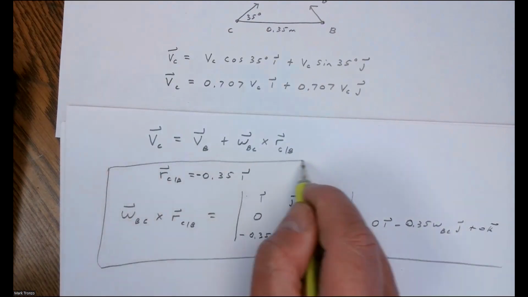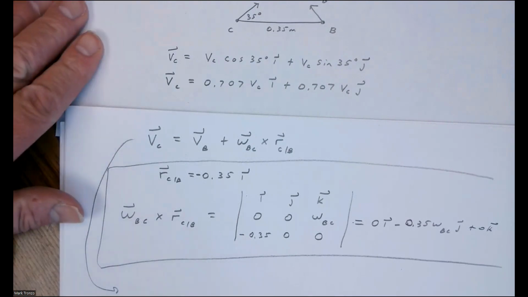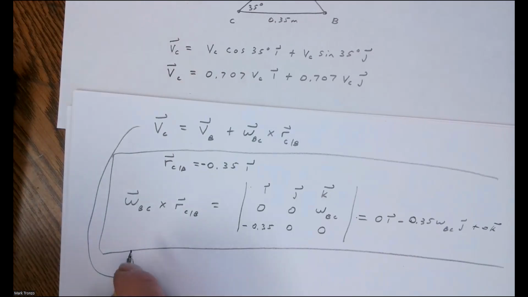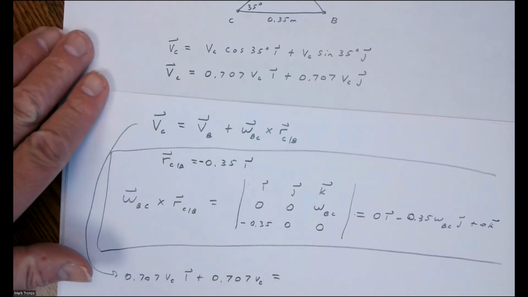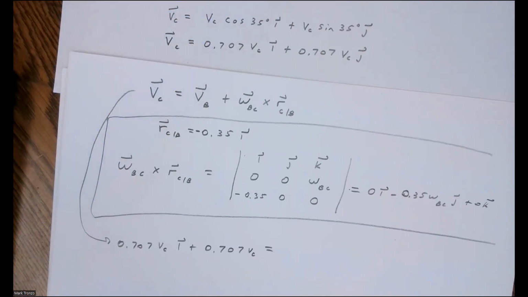So we calculated all that, and let's substitute into our equation. We know VC from here, at least the form of it, and we know VB from up here.